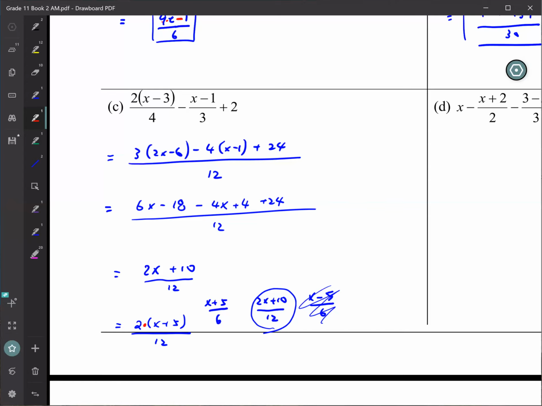Parts and parts can reduce each other, okay? So 2 is okay to cancel out with the 12, so makes it 1 and 6. So that makes this one the final answer. So 2x plus 10 over 12, if the question is out of 5, then you get 4 out of 5 because you're missing the last step. So to get a perfect mark, remember to check again at the end.